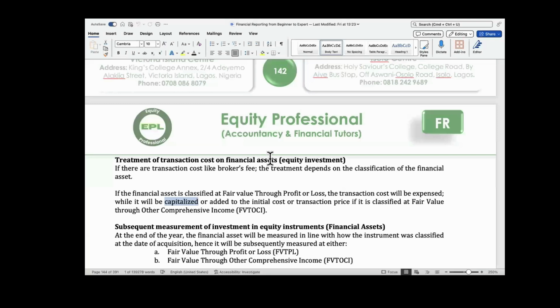So that's transaction cost, brokers fees, and the rest. Please remember that's how it's treated. The treatment depends on how you have classified that financial asset. If it is classified at fair value through POL, you expense the transaction cost. If it is classified at fair value through OCI, you capitalize the transaction cost.